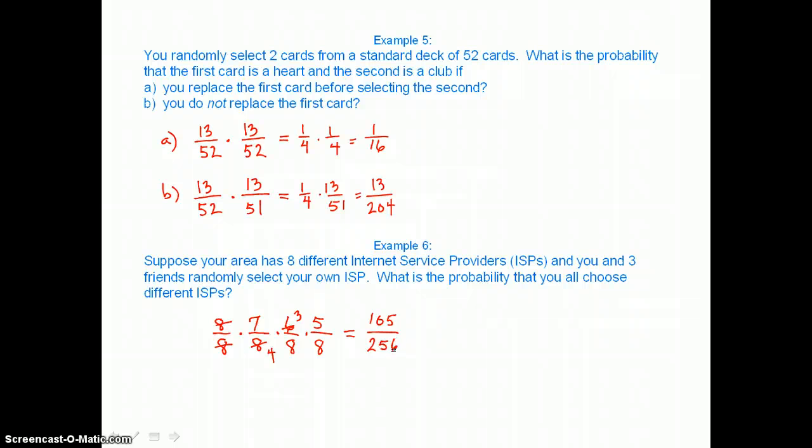Now if we want to use a decimal form for this probability, we can divide 105 divided by the 256. And rounding to 3 decimal places is 0.410. That's the probability that you and 3 friends will randomly select your own and different ISP.